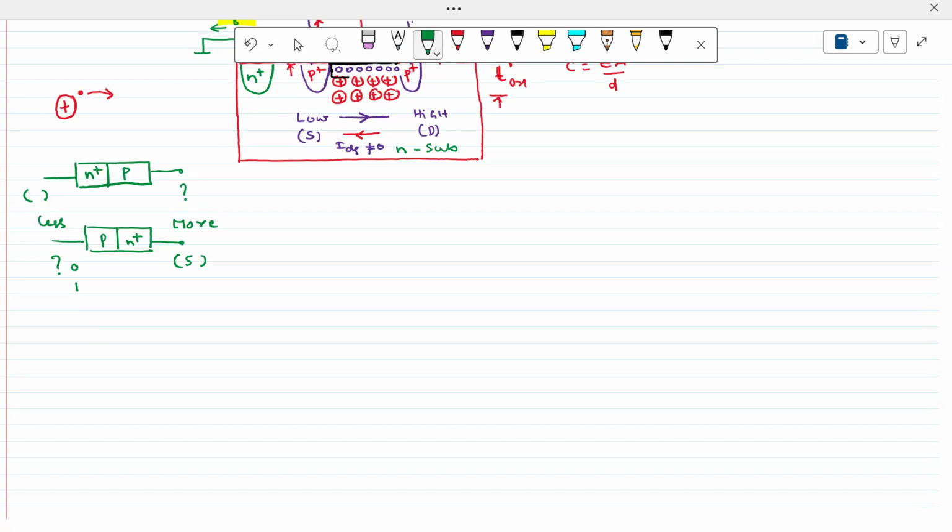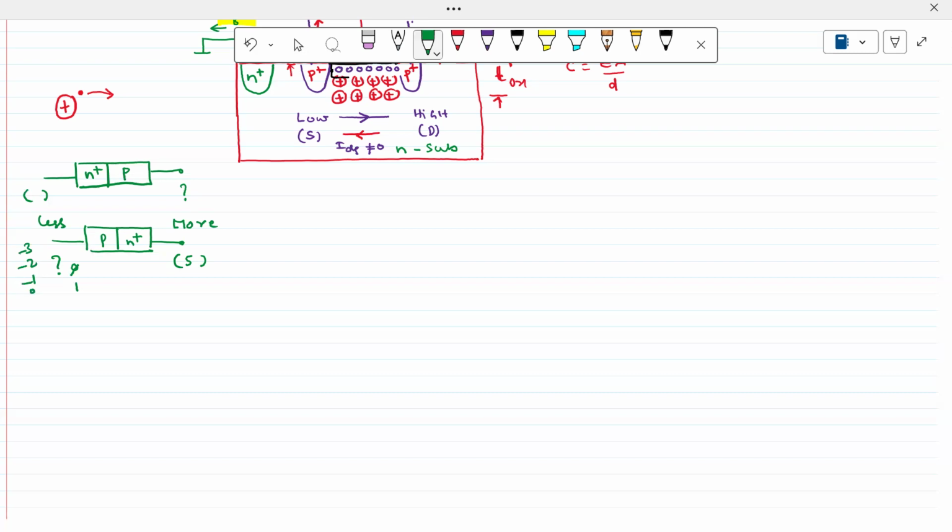Less values means from 0 to negative values. If you want to make it a very strong reverse bias, we have to apply more negative on the left hand side. Therefore, instead of 0, -1, -2, -3 and so forth, these are called less values, right? Therefore, now it becomes absolutely reverse bias.